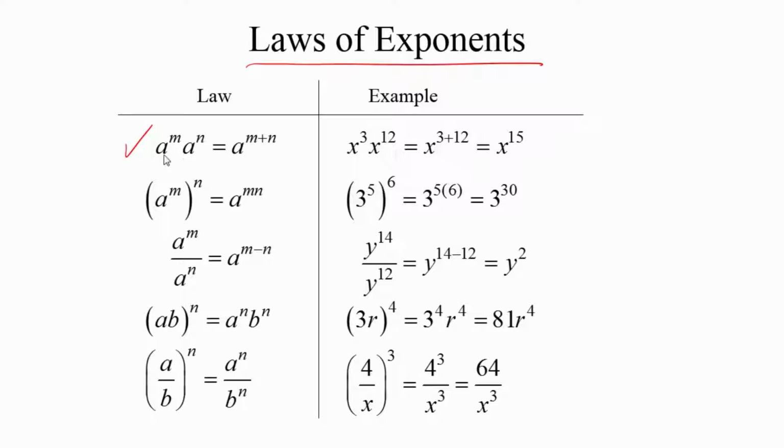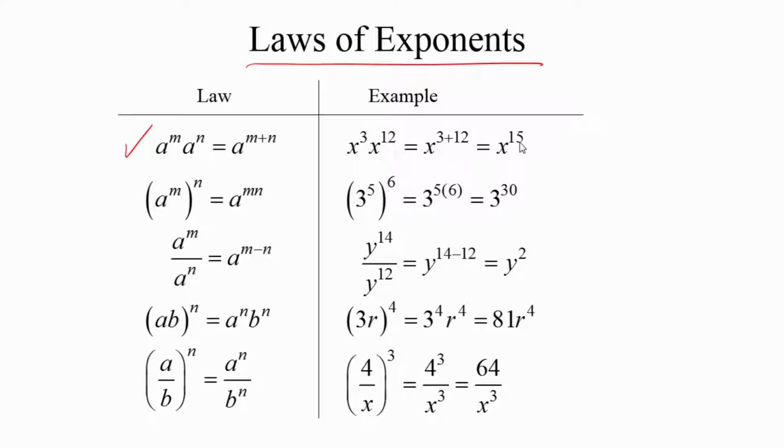So if you have the same base, a, multiplied by each other, by the way, not a plus, not a minus, it has to be multiplied, you write one of the bases and you add up the powers. For example, h to the third times h to the 12 is equal to h to the third plus 12, which is h to the 15.